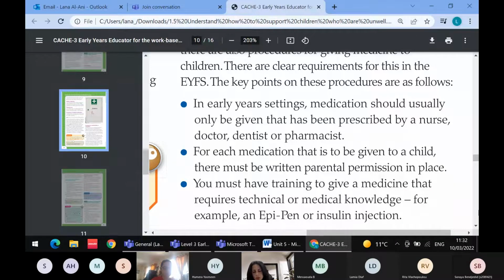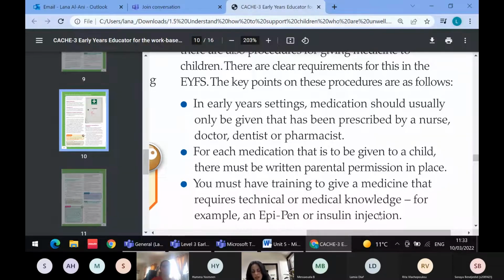So we also need to follow the GP prescription, the times given by the nurse or anyone who gives this type of medication, maybe a dentist or pharmacist. We need to follow the timing that we give to the child. Each of these medications should be given on time. Also, they will have written permission in place, like how many times it is to be given to the child. So you need to make sure of following this exactly.